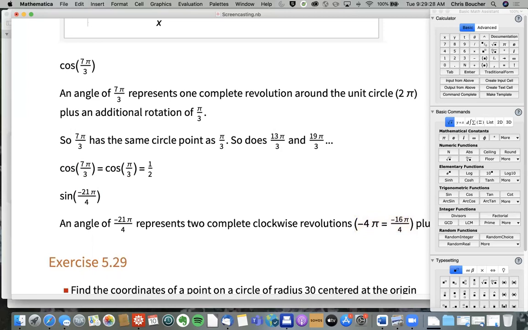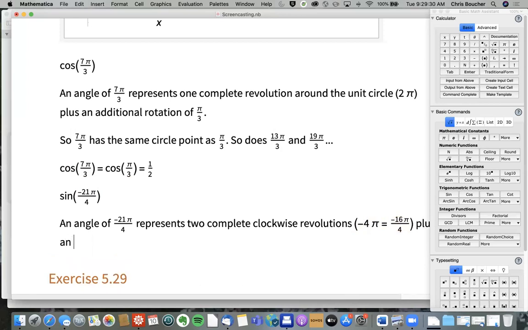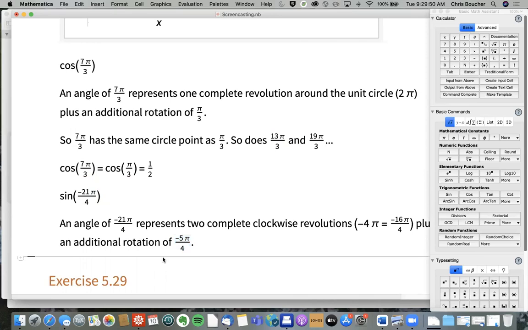So plus an additional rotation of negative 5 pi over 4. That means that this angle and this angle have the same circle point, which means they have the same sine and cosine.